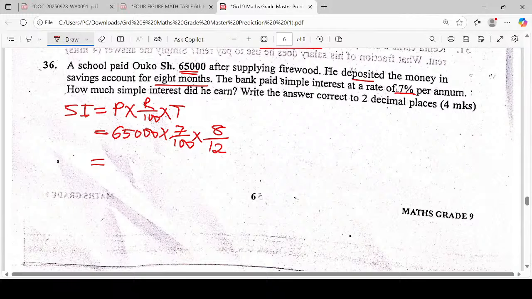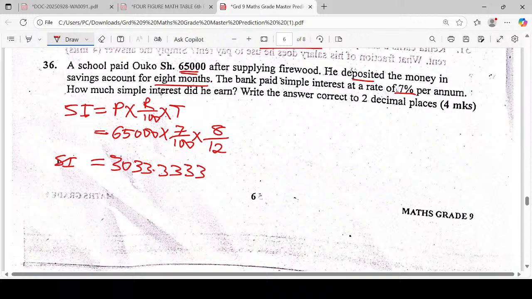3,033.33. That is the simple interest. After getting that, the question says how much simple interest did he earn? 0.333, that 3 is recurring.